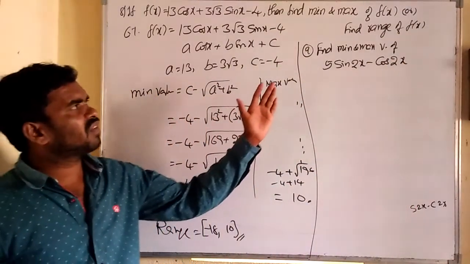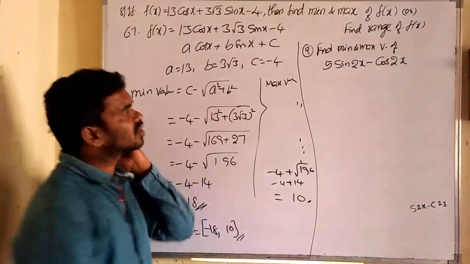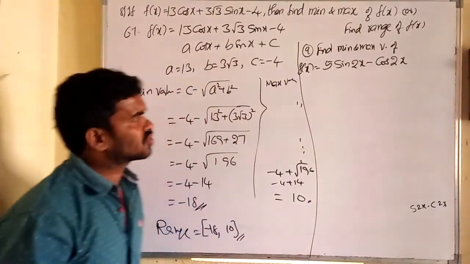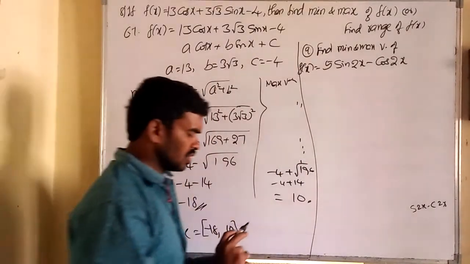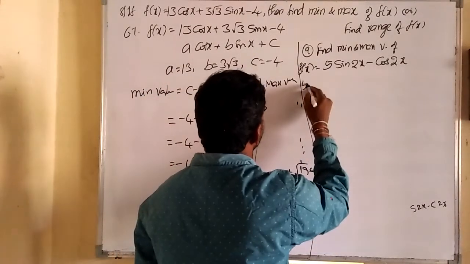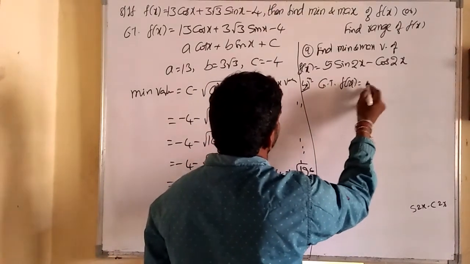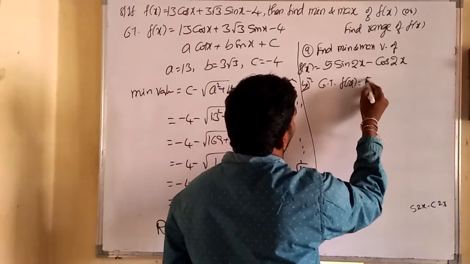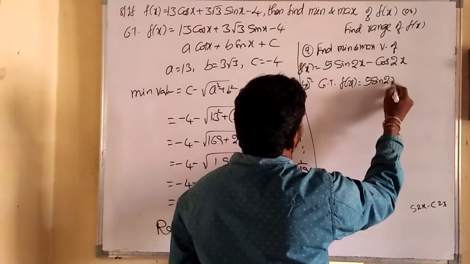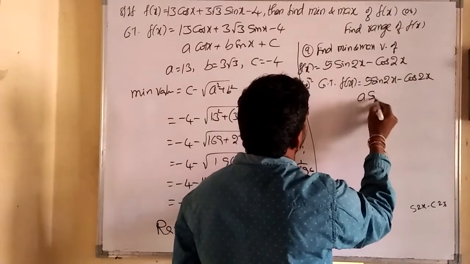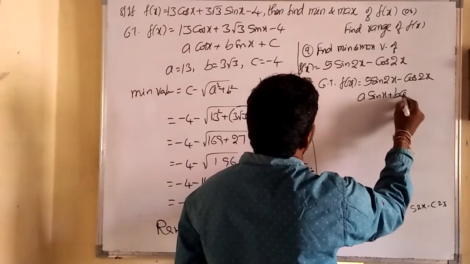Find the minimum value and maximum value of f of x is equal to 5 sin 2x minus cos 2x. That's the question. So how to solve? Same process. Solution. Given that f of x is equal to 5 sin 2x minus cos 2x. So compare with the general form a sin x plus b cos x.